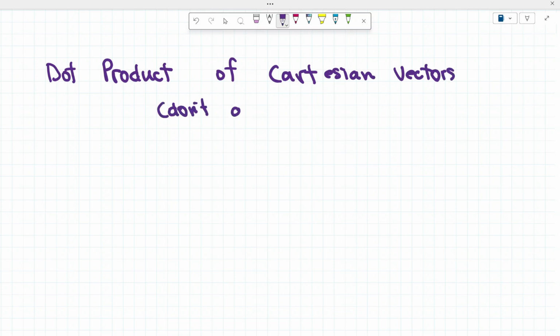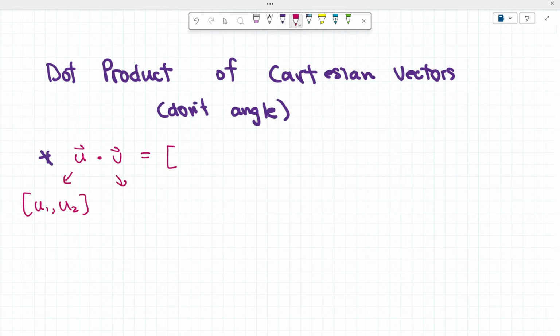So like I said previously, you use whatever definition that you have the information for. So here, if you don't have an angle, we're going to use it. It is written as u dot v, and let's say that u is comprised of u1, u2, that's its ordered pair, and v is comprised of v1, v2, that's its ordered pair broken into components.